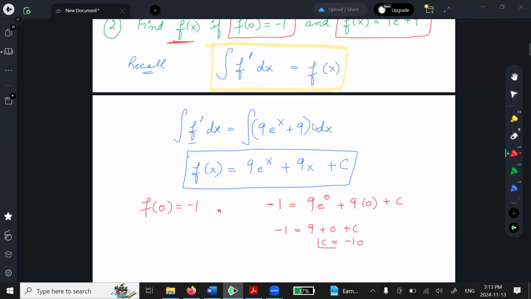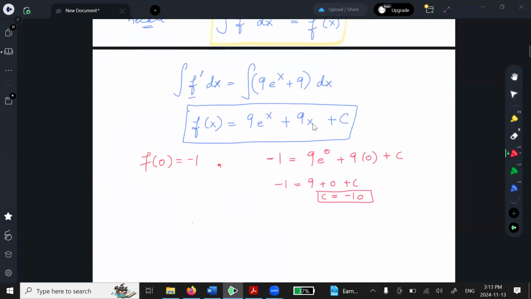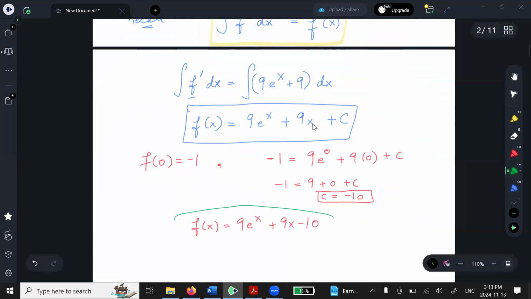C is -10, right? And so we found the constant of integration. We replace it in the original formula and we get it. You have to pick the right answer from the multiple choice in the exam, so make sure you do the math right.